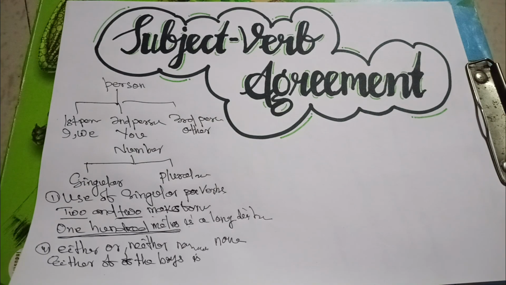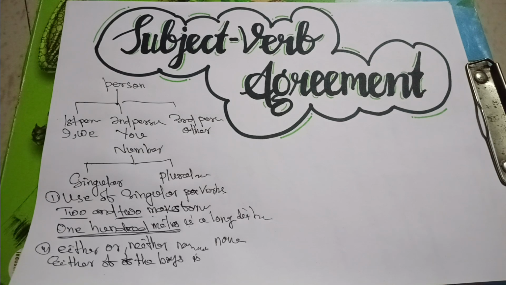For example, one of my friends likes that thing. One of my friends looks like a plural subject, but it is connected with one of, so a singular verb is used in that case.